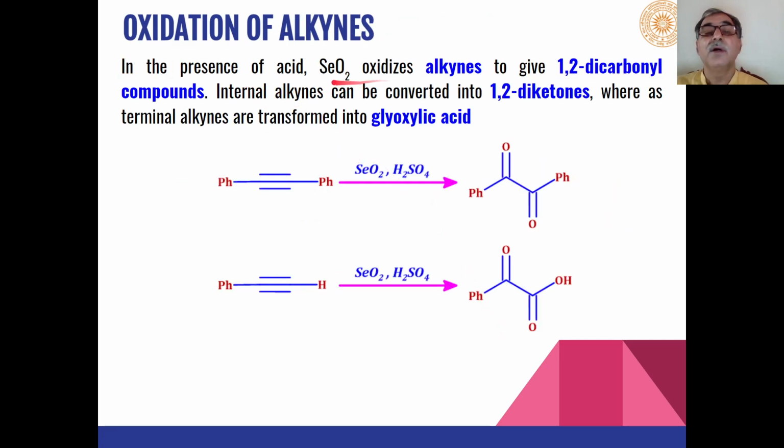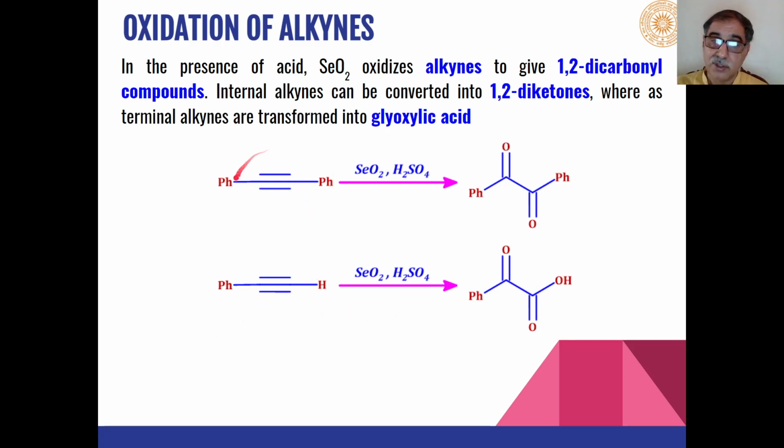Then, in presence of acids like sulfuric acid, selenium dioxide can oxidize alkynes also to 1,2-dicarbonyls, and the mechanism is similar to what we have seen in case of alkenes.